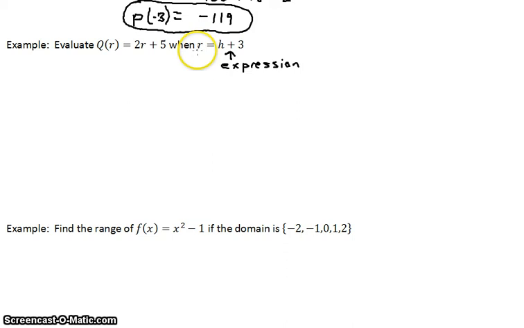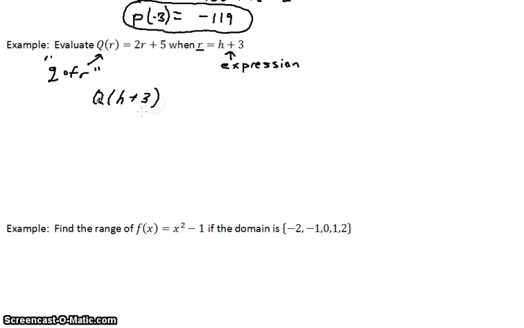So what R is going to be replaced with, so here's my function, which is Q of R, and I'm going to replace R with H plus 3.